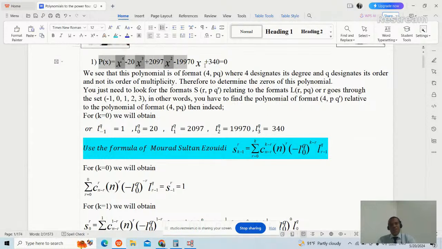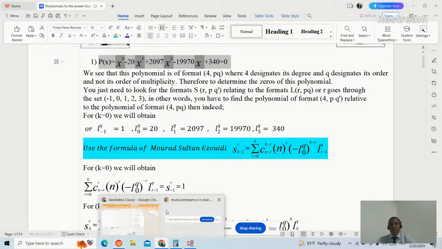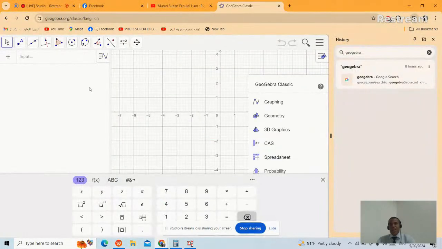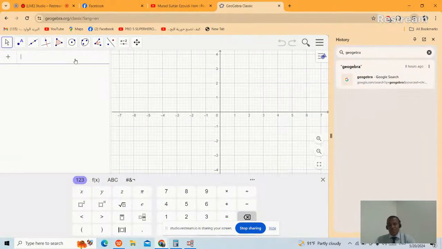So therefore, this is the polynomial to the power 4. I will paste it, then put it there, to check my work, and here also to check this work.